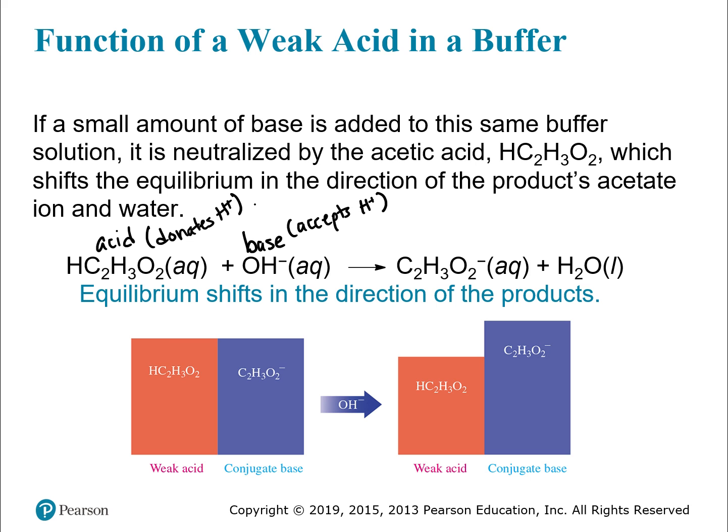So that little bit of base that we added will accept the hydrogen from that big amount of acetic acid that we have in solution, and we're going to make that acetate ion, which is our conjugate base, and we're going to make some water.